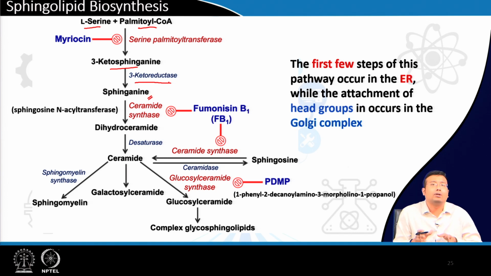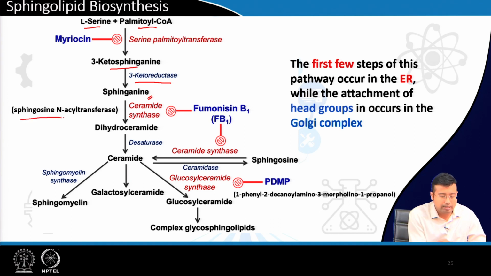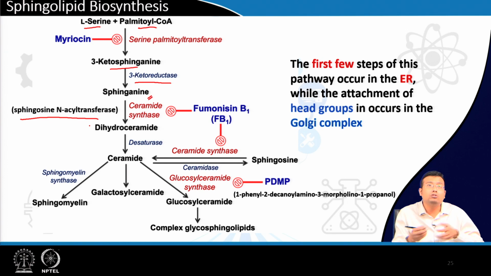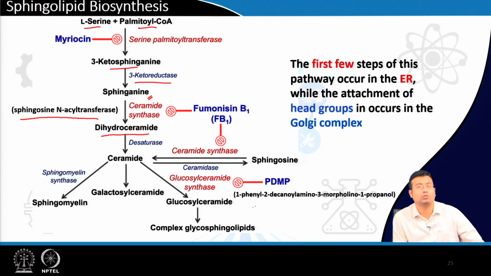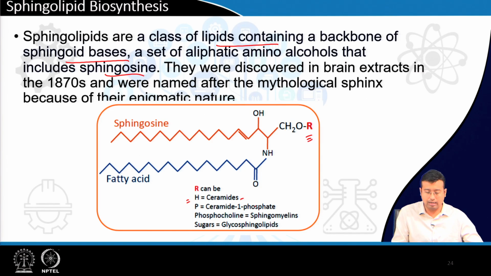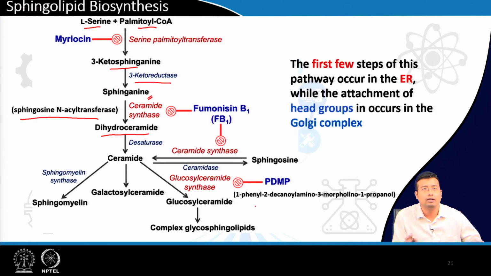The most important enzyme that comes later, I mean after this step, is known as sphingosine N-acyl transferase, also known as ceramide synthase. It leads to formation of dihydroceramide. Mind it, when we are talking about ceramide, it means the R group is simply a hydrogen. So, from the basic structure we can derive multiple structures. So, if we replace the H, we can get multiple complicated versions of sphingolipid.